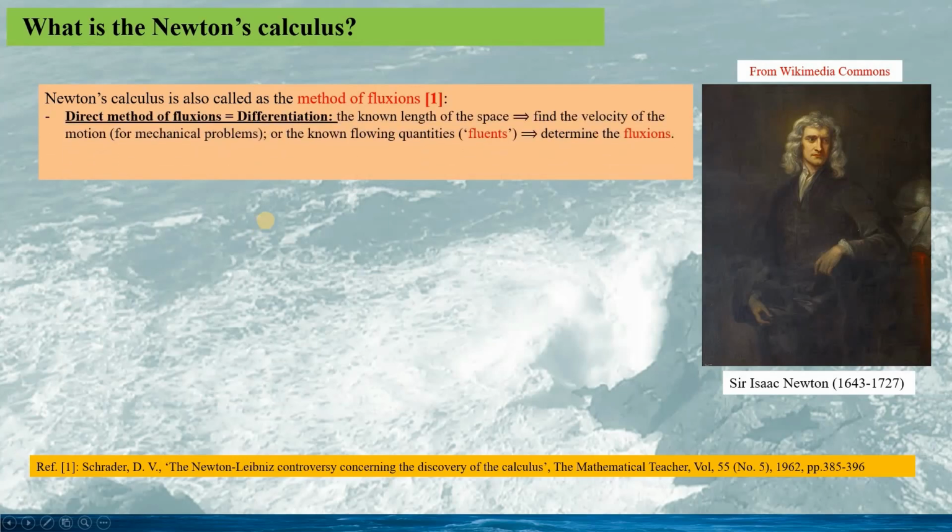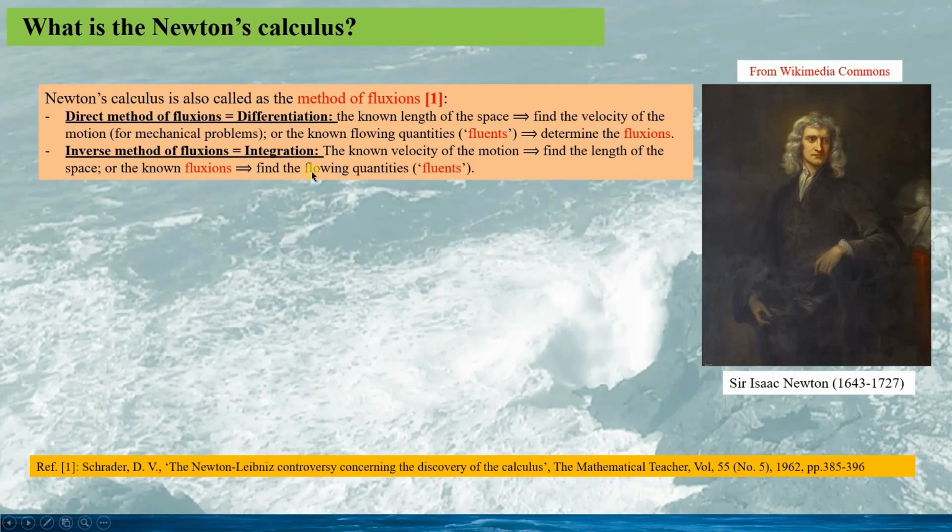For Newton's calculus, as in modern calculus, we have 2 different ways. The direct method of fluxions is equivalent to the differentiation of modern calculus. For instance, for the known length of the space, find the velocity of the motion for mechanical problems, or for the flowing quantities, Newton used the word fluent to determine the fluxions.